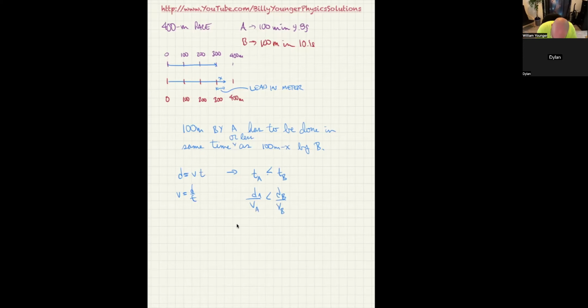Now, what I found was VA on average is 10.20 meters per second, and VB average is 9.901 meters per second.